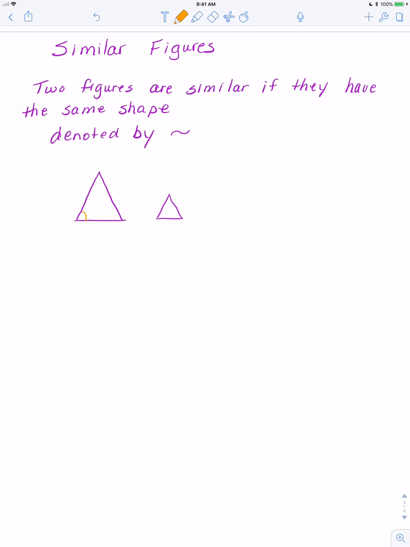So this angle would be the same as this angle, and whatever this angle is, it would be the same as this angle. And whatever this one was, that angle would be the same as this one. So those numbers would be the same, but obviously the line lengths wouldn't. We also say if something is similar, then their line segments would be proportionally the same.